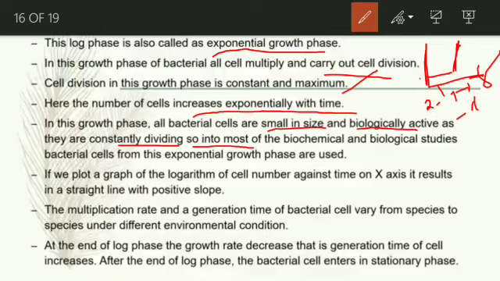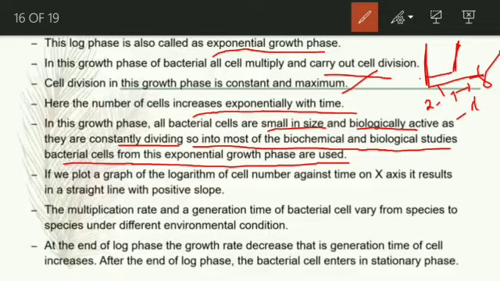So in most biochemical and biological studies, bacterial cells from this exponential growth phase are used. If you want to do any investigation related to biochemical or biological studies, which phase of bacteria is generally preferred? The phase that is preferred is log phase bacteria.